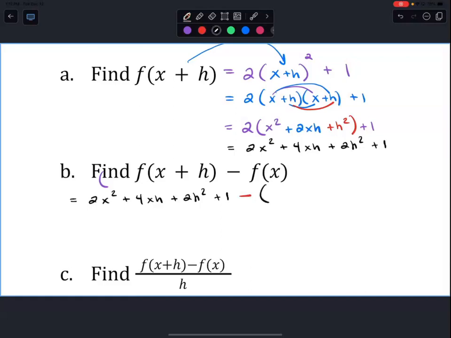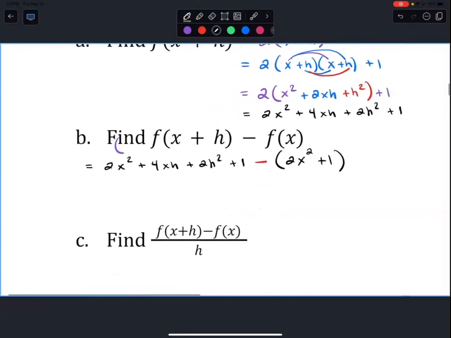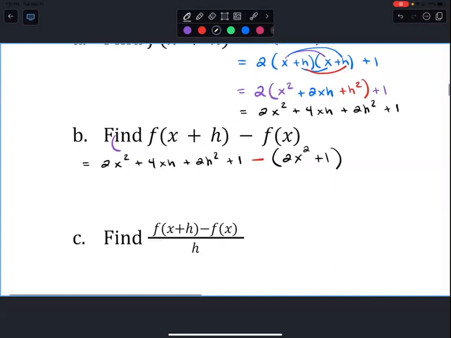And f of x was my 2x squared plus 1. Okay. Be careful because I'm subtracting that function. So make sure you distribute that negative sign to both the 2x squared and the positive 1.